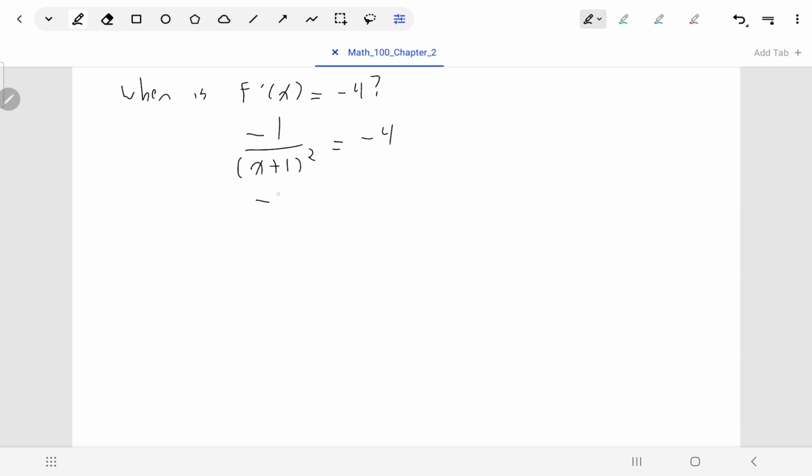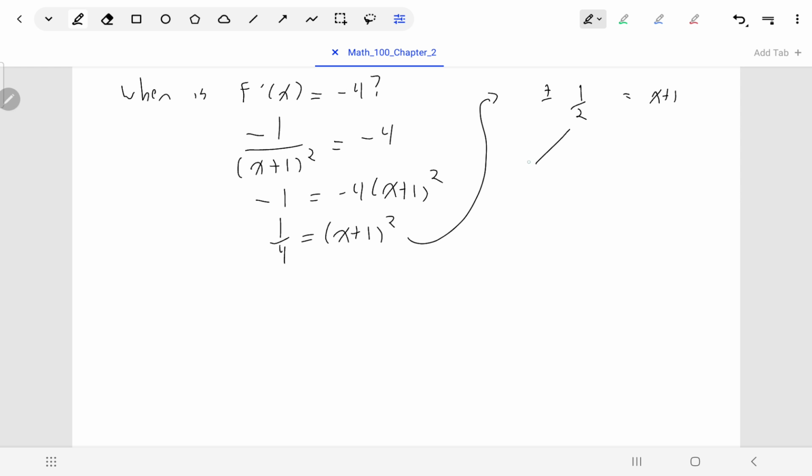So I'll just do a little bit of cleaning up here and solving. I found that x plus 1 squared is a quarter, and if I take the square root, then I'd say x plus 1 is plus or minus the root of a quarter, and the square root of a quarter is 1/2. So we wind up with two possible solutions.